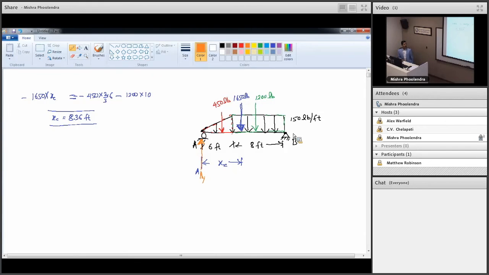And at point B, what will you have? Some in the X, some in the Y: BX and BY. Now if I want to find those reactions, all you have to do is the equilibrium of the entire structure, right? Entire structure meaning we immediately know AY plus BY must be equal to what?